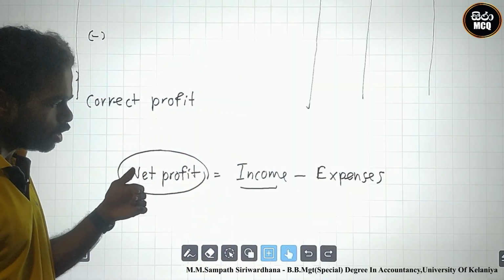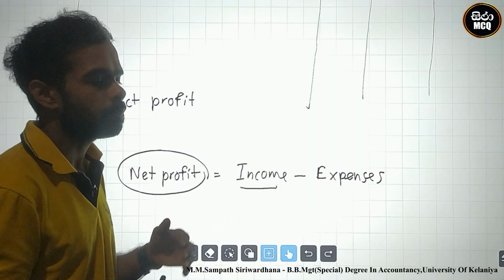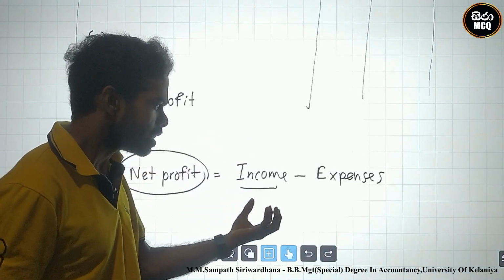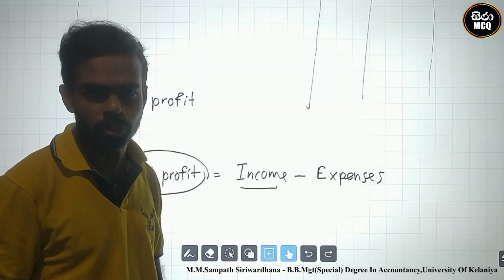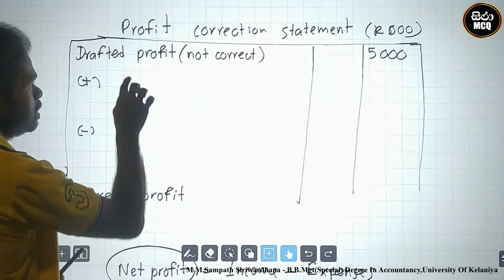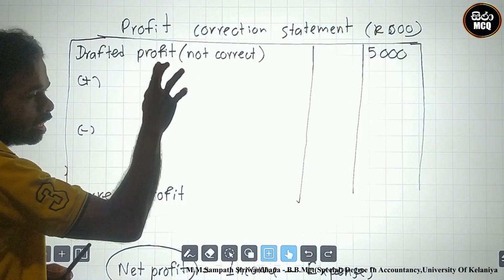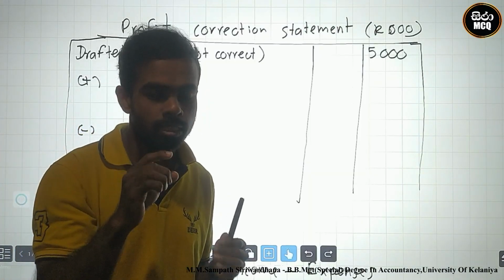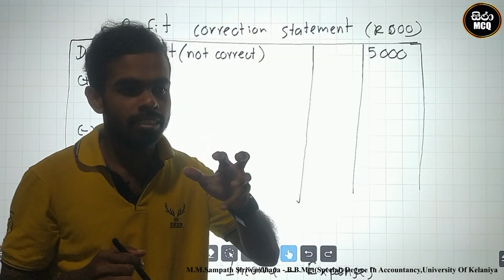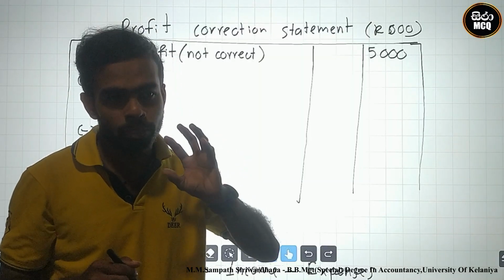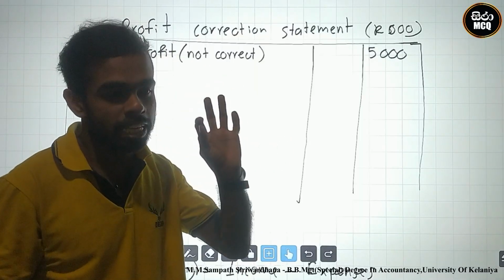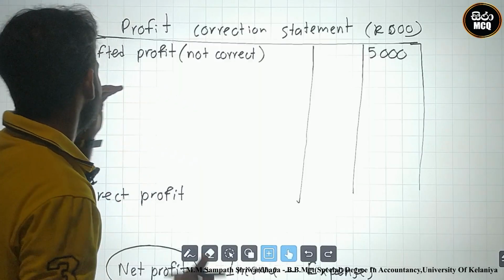After the correction of errors and correcting profit, we use income errors and expenses errors. This drafted profit was calculated using income and expenses. To rectify this profit, we must use these, expenses and income.